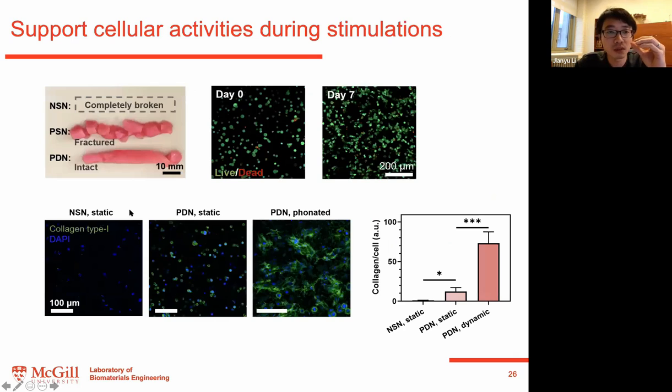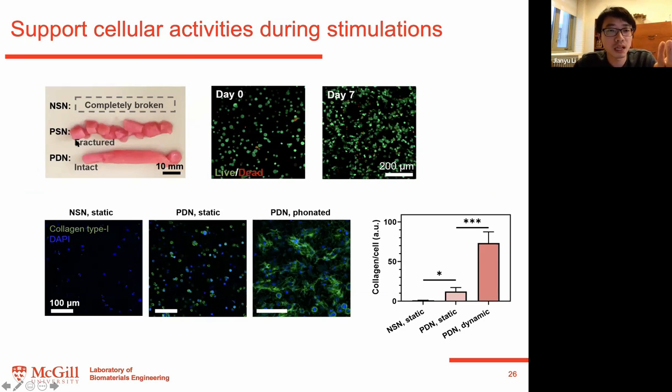And surprisingly, we found our double network system can survive those extreme mechanical stimulations without breaking, while the covalently crosslinked non-porous hydrogel breaks into small pieces and is washed out by the media. It cannot be found.